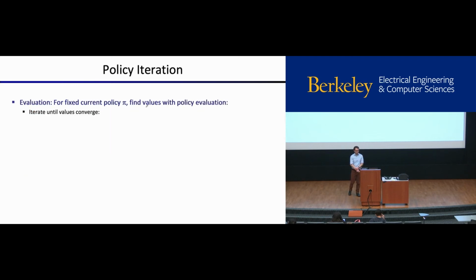Okay, so for a current fixed policy, we find the values with policy evaluation, and then we iterate until the values converge. So this is the same policy evaluation equation we had before. This is saying fixed policy. For a fixed current policy, what does that mean? It means that there is no max here, right?